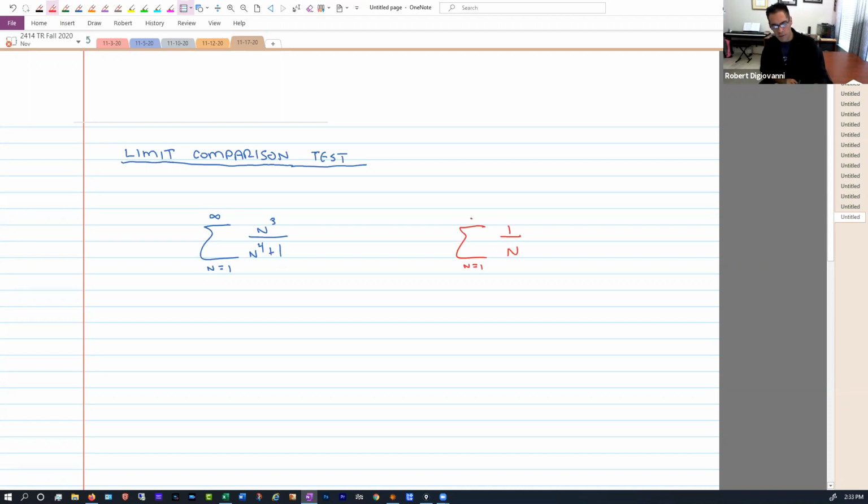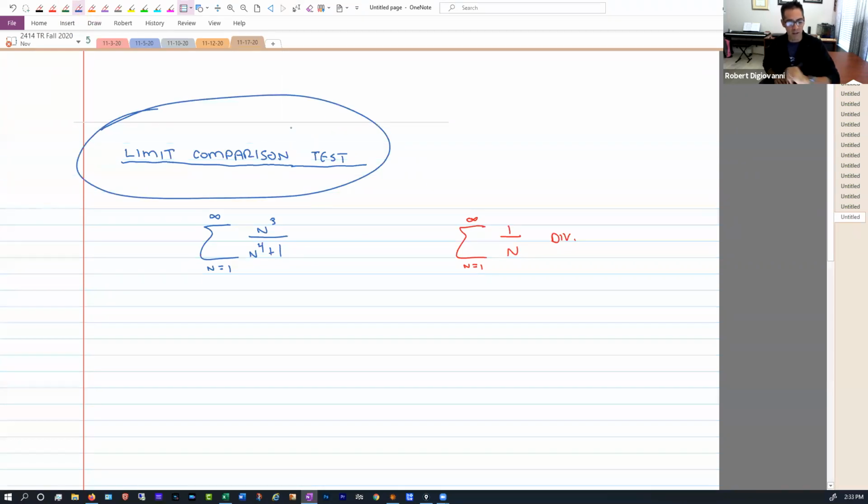Didn't we do that a minute ago? And didn't it fail? It did fail. But I'm going to use the third version of the test, which is to not do an inequality and all that. Oh yeah, this diverges, right? That's harmonic.